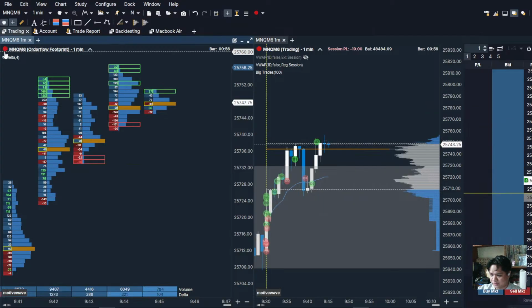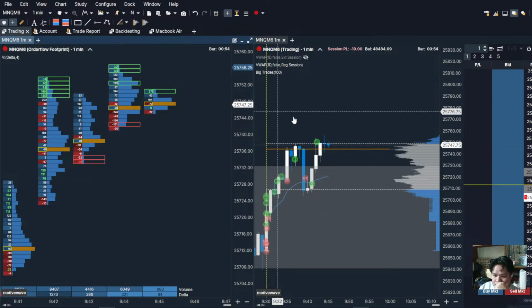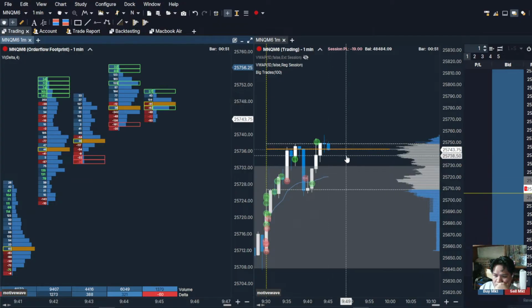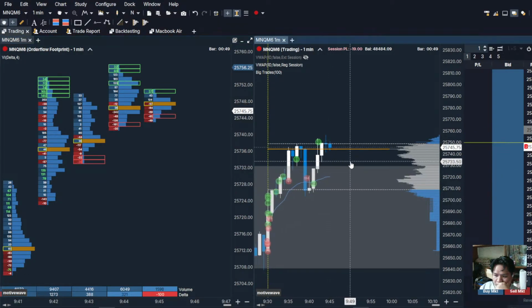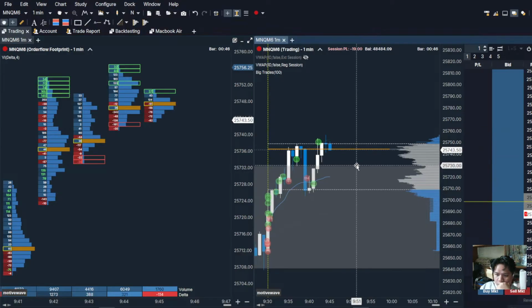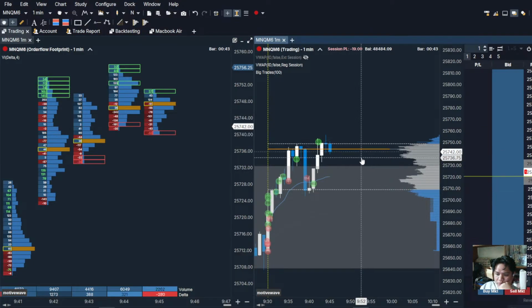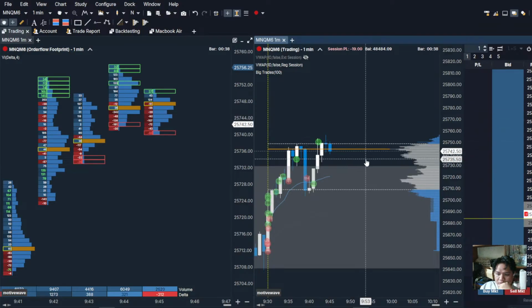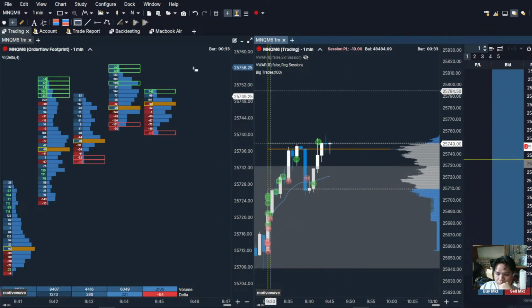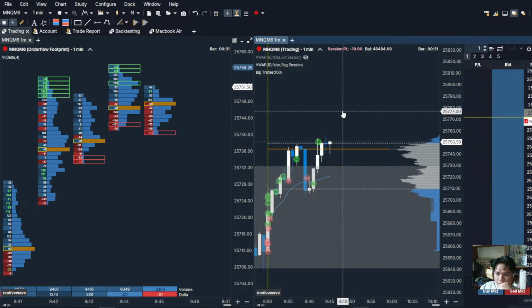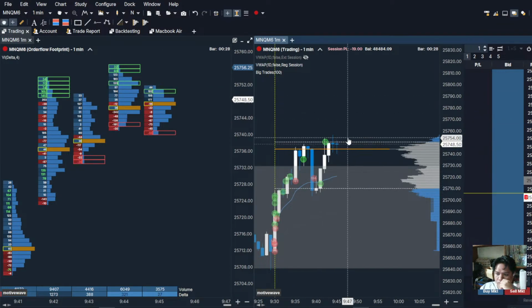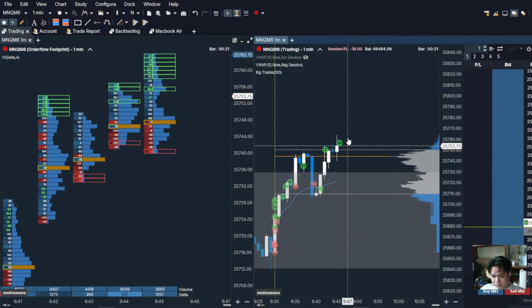Okay, we have a nice little... we can close below here. I might look for a potential... buyers are still potentially moving to the upside.